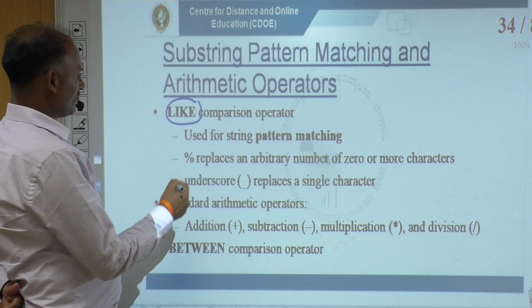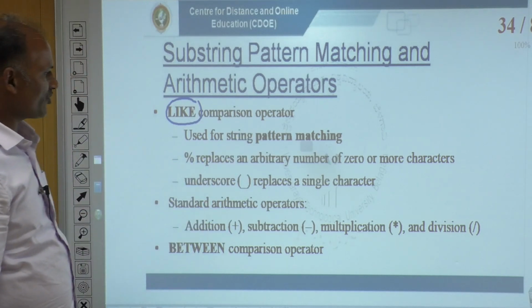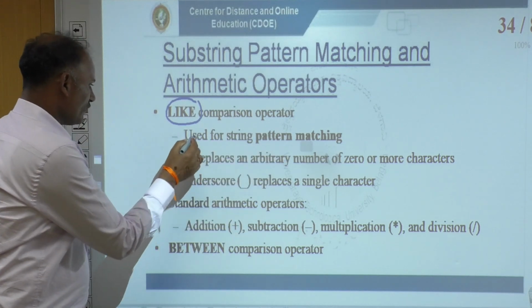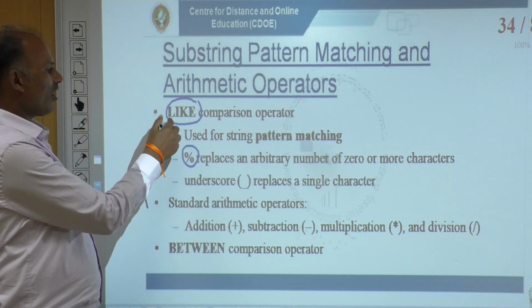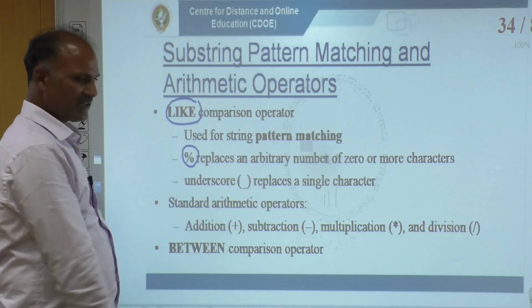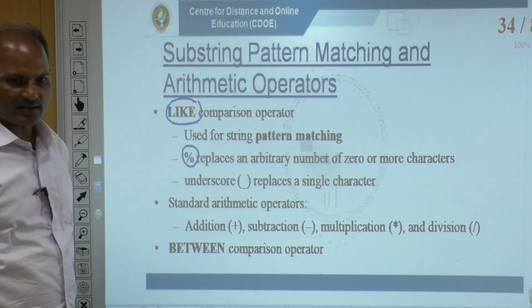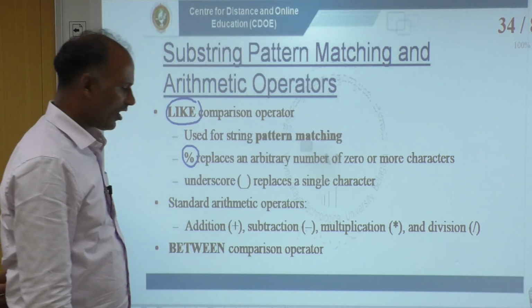The LIKE comparison operator is used for string pattern matching. If you use the percentage symbol along with LIKE, it indicates zero or more characters. It is going to compare zero characters or more characters.